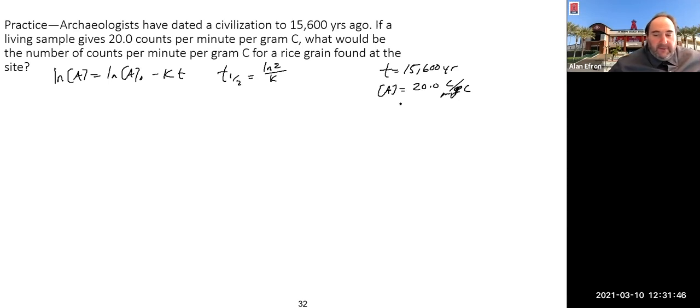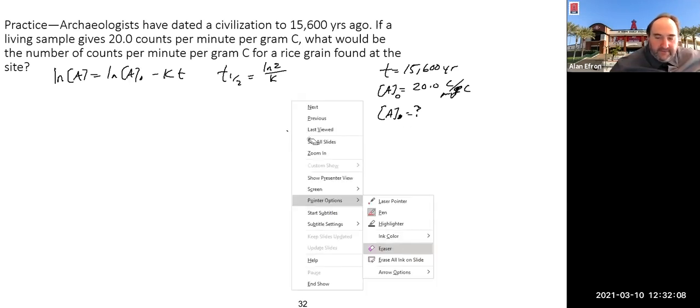What would be the number of counts? So we're looking at what it would be when it's all said and done, if we found a piece of rice. Actually, I did that backwards. We are looking for what we got left at the end. So we're looking for this one. We are given this one.